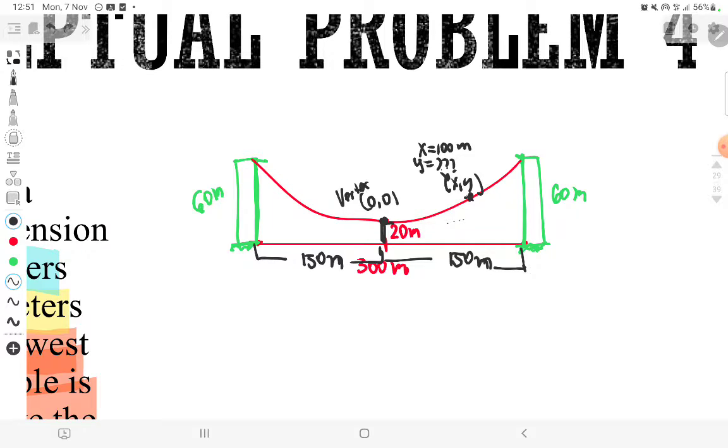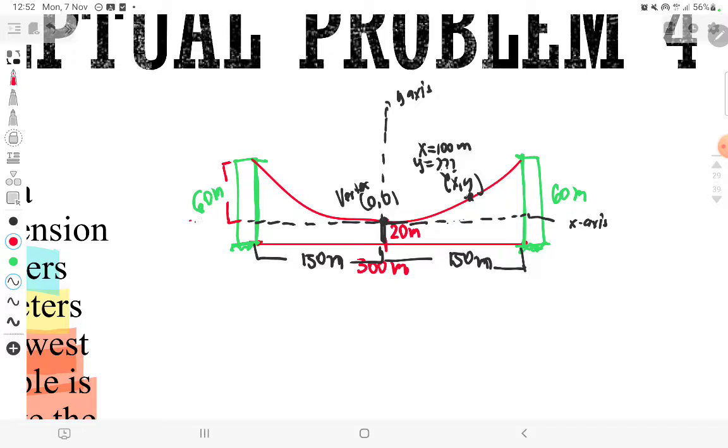If I consider this as 0, 0, I would create a line here. Of course, that is not my A. This is just my x-axis, considering the vertex at 0, 0 and my y-axis. The next thing to do: this is 20 meters above the ground, so we consider this length only.